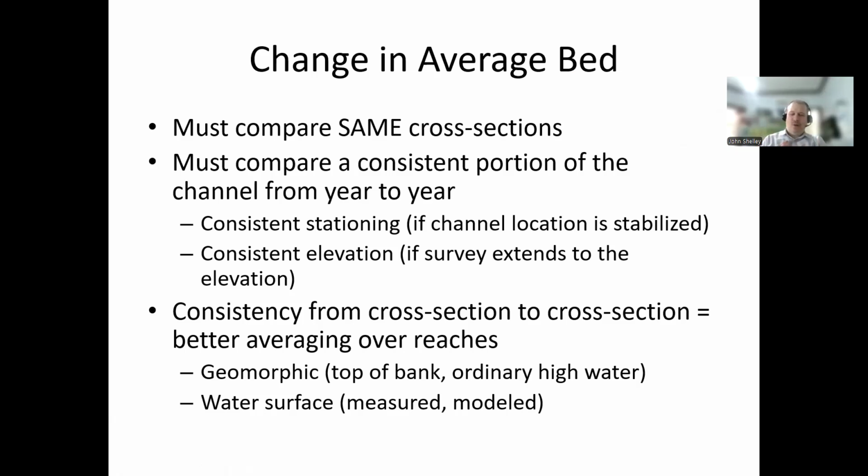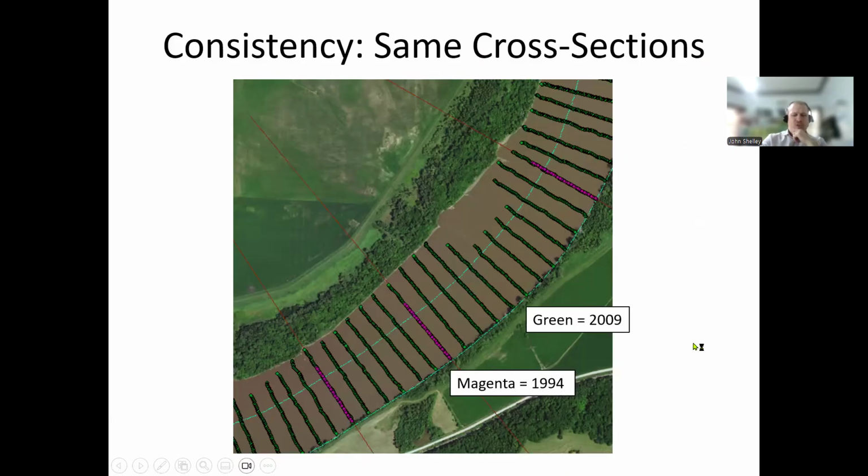It wouldn't necessarily have to be, but it will be better if, for instance, you've got a smooth water surface and that's defining how high up the channel you're looking. Or like I say, it could be the top of bank or some other sort of geomorphic indicator.